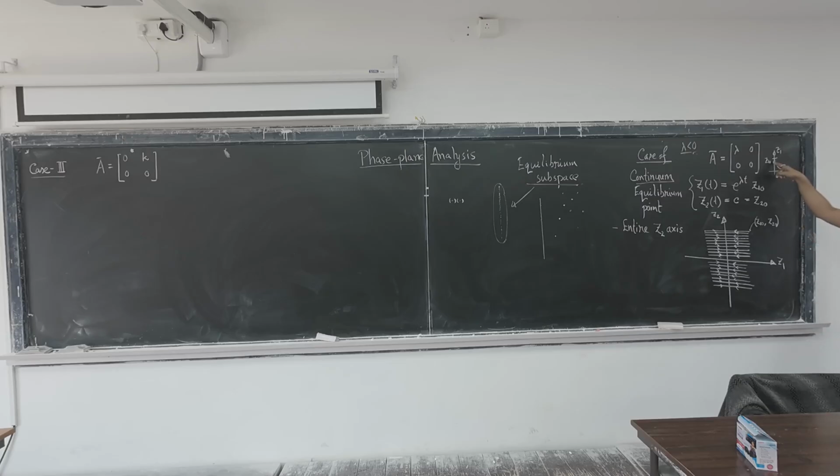Starting from the initial condition, for example if you consider this is 1, starting from 1, this will ultimately go to 0. But keeping the other axis, Z2, constant, there is no time varying term. So whatever phase trajectory you draw will go parallel to the Z1 axis. Are you understanding?